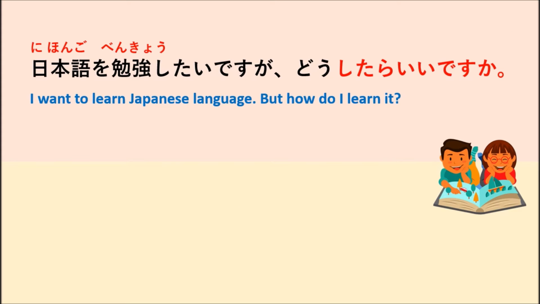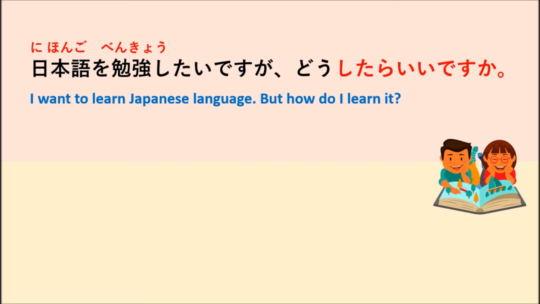Next, we have the sentence 日本語を勉強したいですが、どうしたらいいですか？ Which means, I want to learn the Japanese language, but how do I learn it? Or how do I do it?